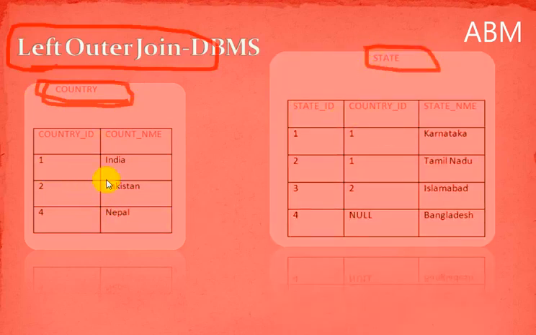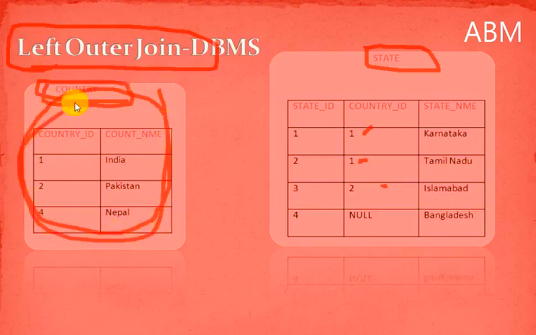For example, India, and India's country ID is 1, as you can see that is 1 and 1, and the states are Karnataka and Tamil Nadu, etc. For Pakistan it is 2, and Pakistan also has Islamabad, but you can see that Nepal's country ID is not listed here. But the left join will get the data according to the left table. So all the data related to the left table will be shown, but it will not consider the second one. It will just get the data for the left table.